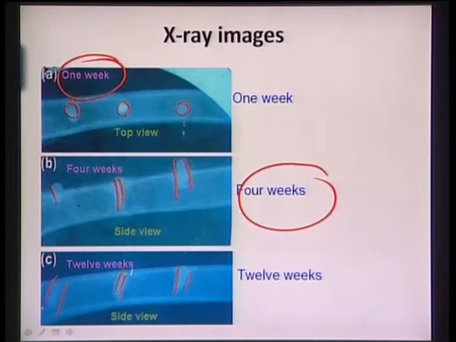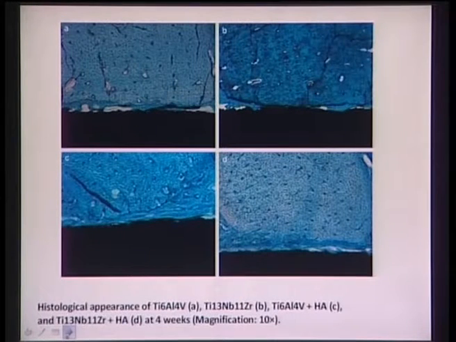That there is no visible in vivo degradation of the samples. If it had degraded in the in vivo environment, you could not see the same 2 mm diameter cylindrical specimen after 12 weeks, because the samples would have gone to half the diameter or half the length, whatever it is. Now, this is one way to find out in vivo degradation.